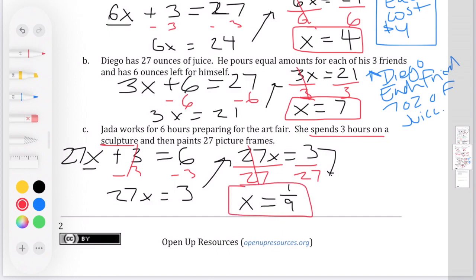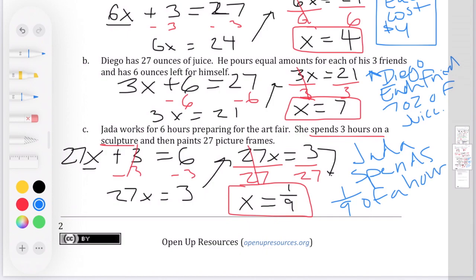However, we need to be able to put that into context of our story. So Jada spends one-ninth of an hour on each frame.